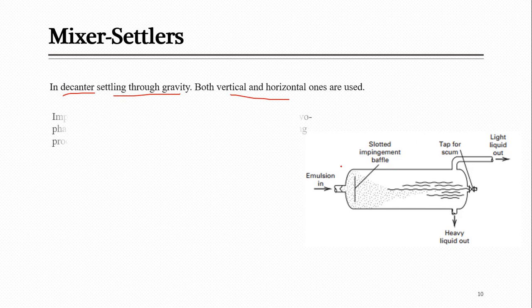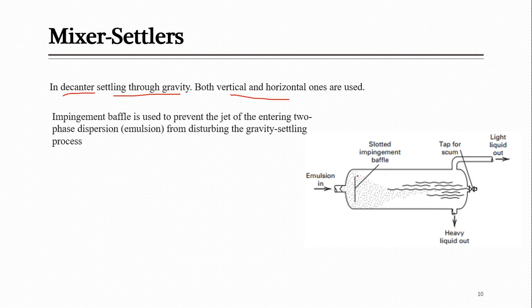In this you can see something called an impingement plate. Our baffle, impingement baffle or plate, maybe you have already studied this in heat transfer. Here in this separation equipment, the purpose of this plate is, just imagine for a minute that you don't place this plate here, so what will happen?